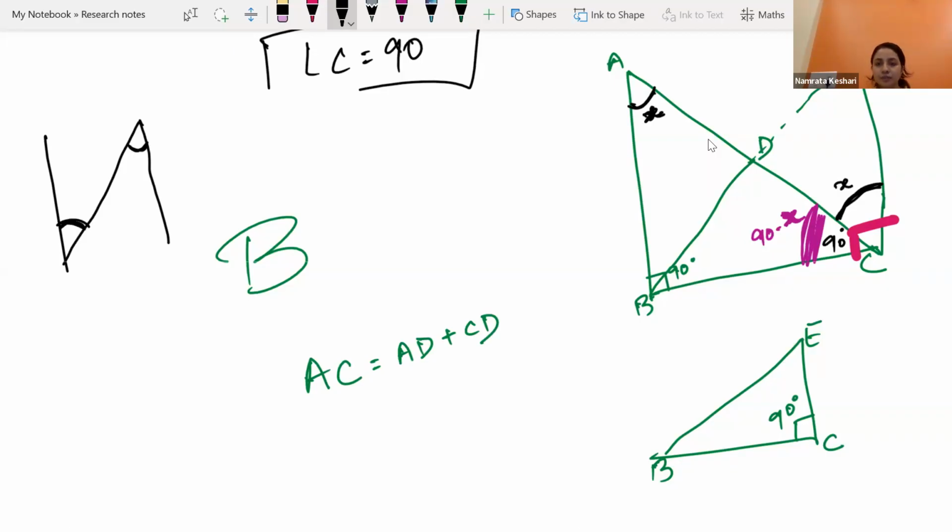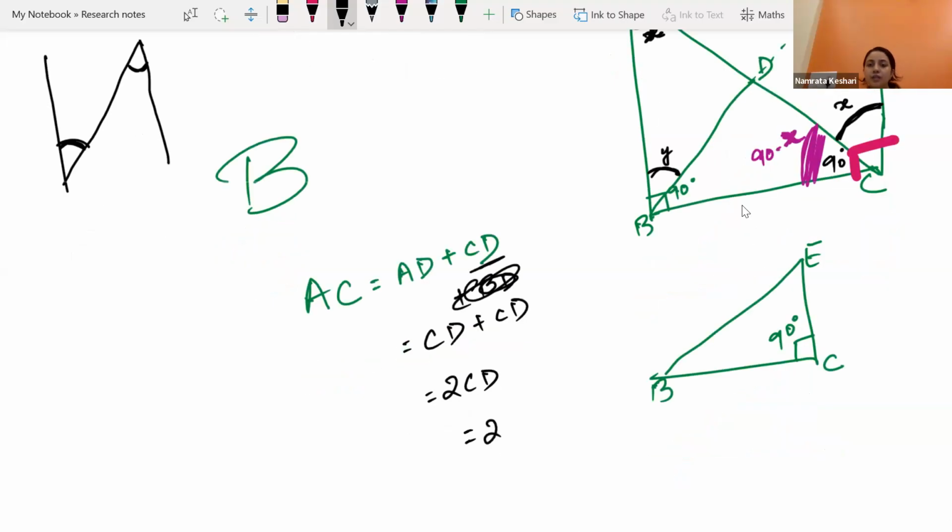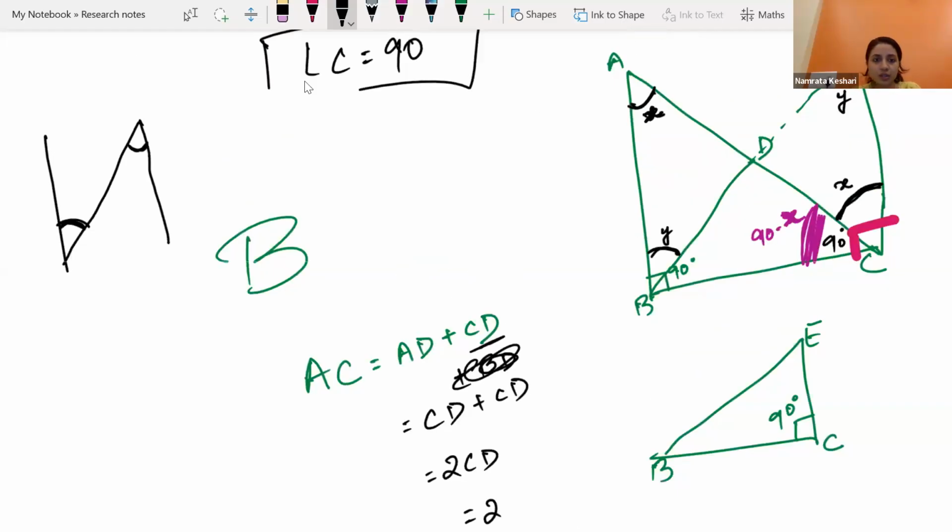So if that is y, this will also be y. Yeah, if anyhow we are able to show that CD and BD are equal, then we are done. Okay, let me check how can we show.